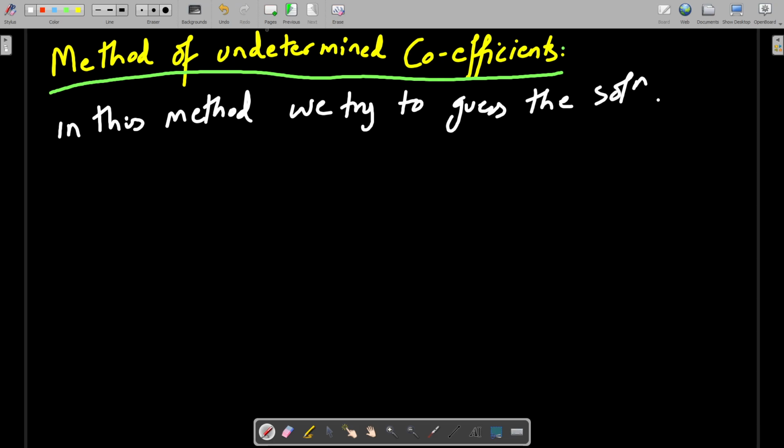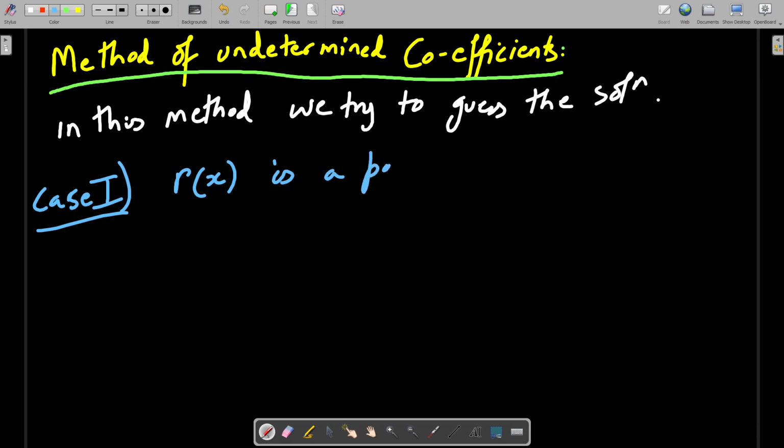So there are cases which arise here. Case 1: r of x is a polynomial.